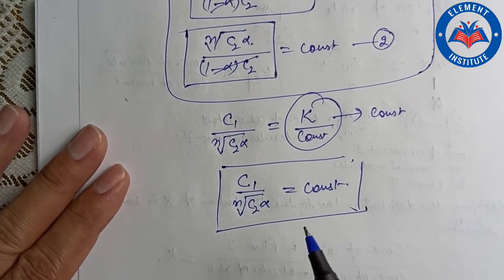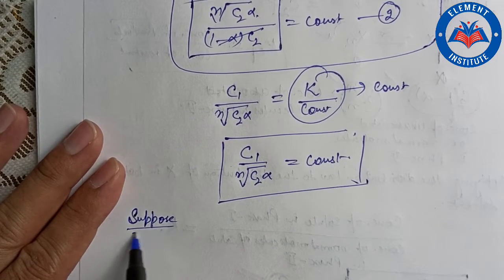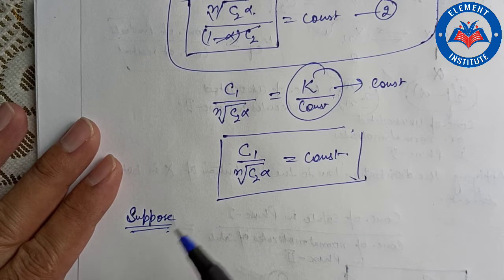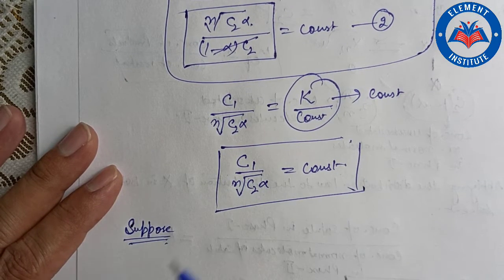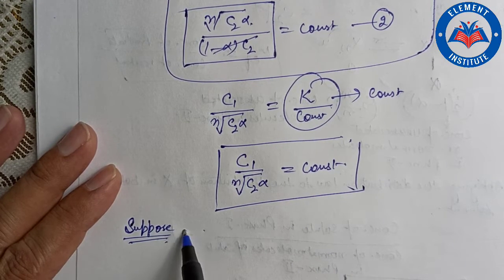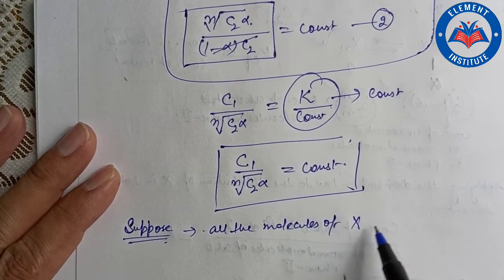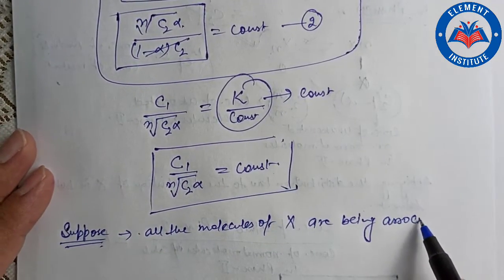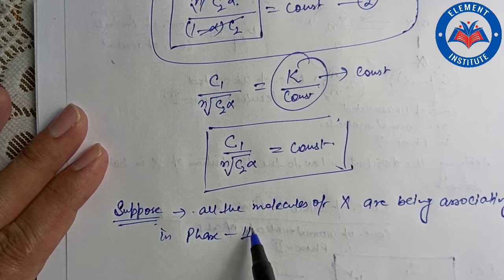Okay, now suppose the total concentration of the solute in phase 2 is completely associated. That means all the molecules of the solute X are associating in phase 2.